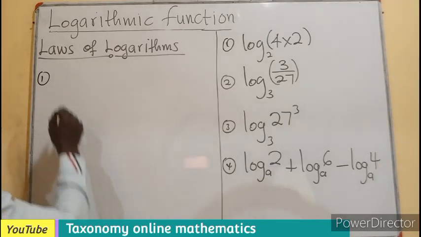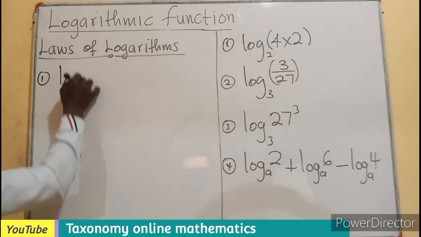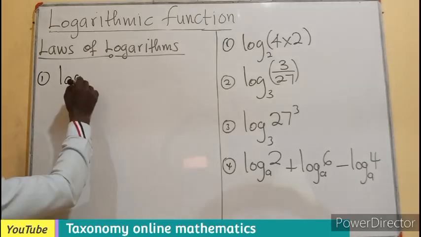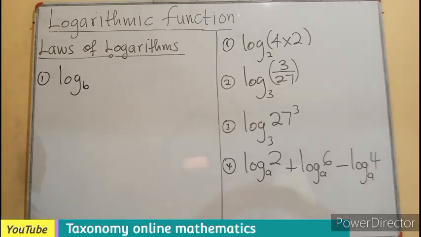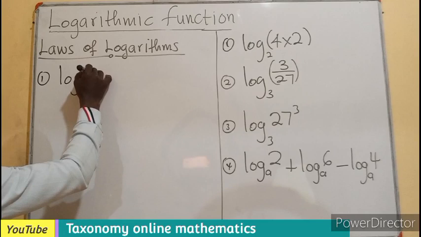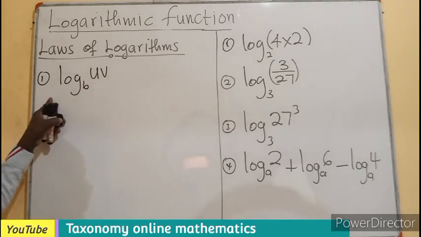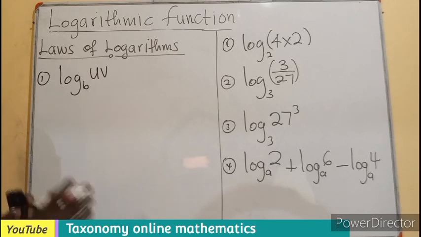The first one says that if I have a logarithm of any base, it could be any base, so let me use base b, of uv. Now uv simply means u times v.